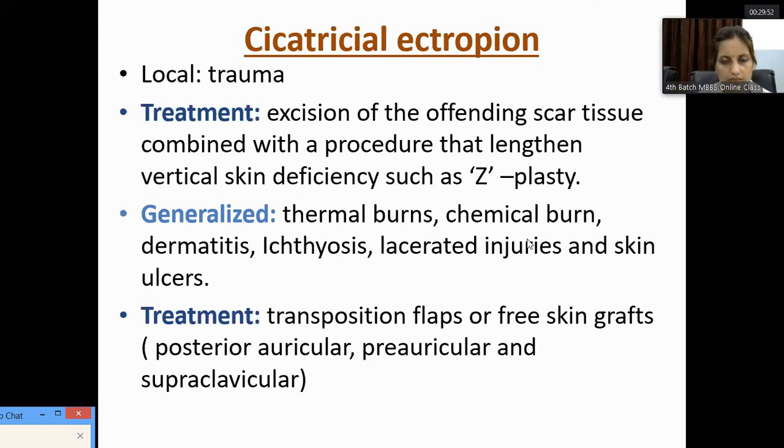So treatment is transposition flap or free skin graft, with grafts taken from different places like pre-auricular, post-auricular, and supraclavicular. In these conditions you do the Z-plasty.